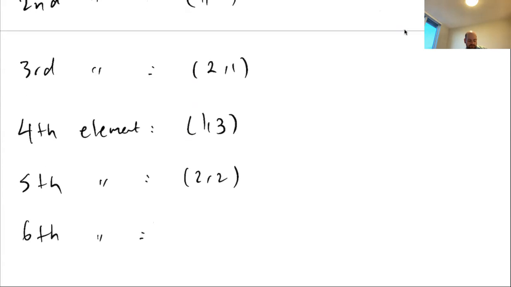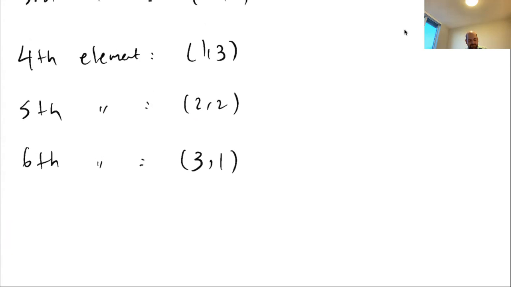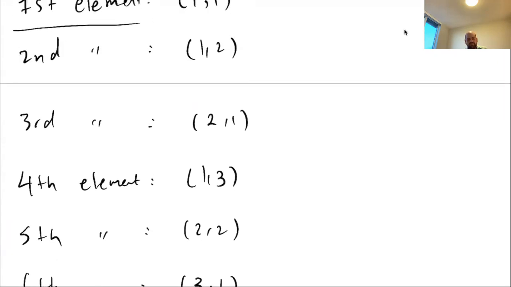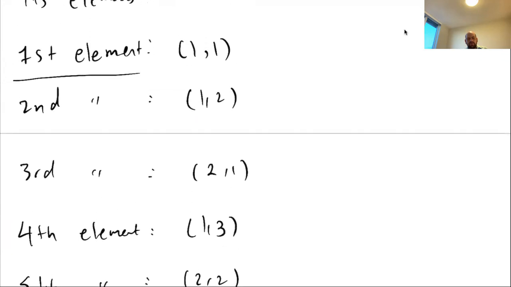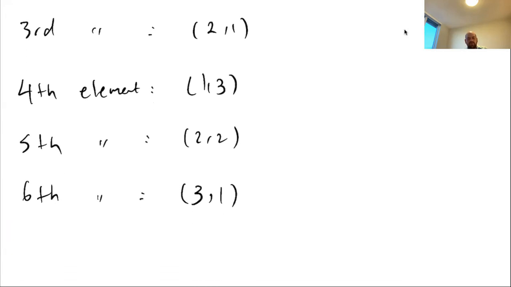Sixth element, (3, 1). Do you see the pattern? How I'm listing them? The first one, (1, 1), then (1, 2), (2, 1), then (1, 3), (2, 2), (3, 1).